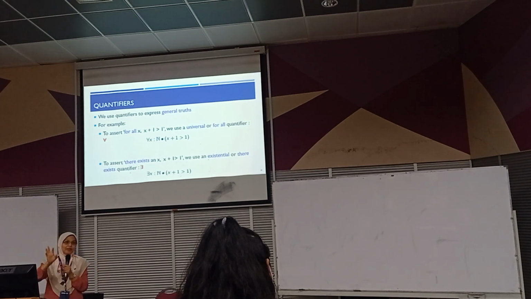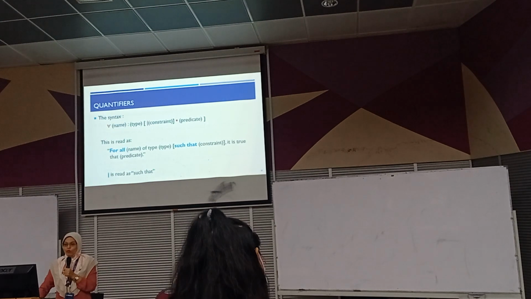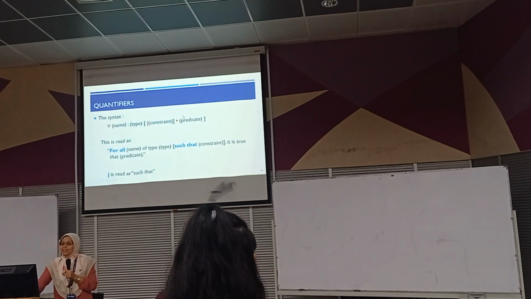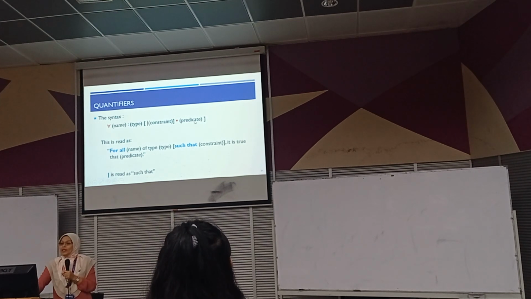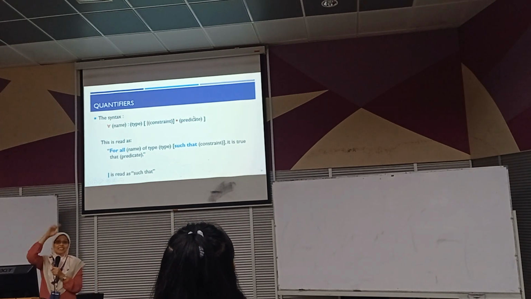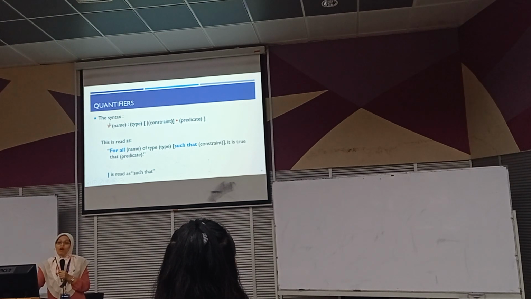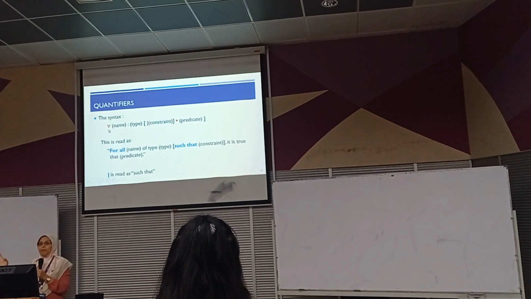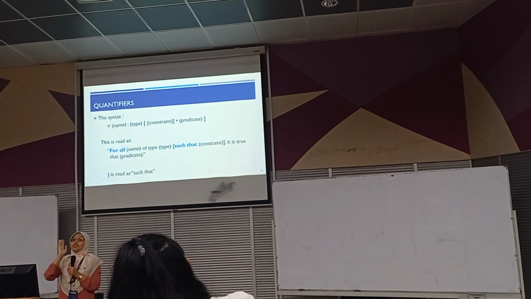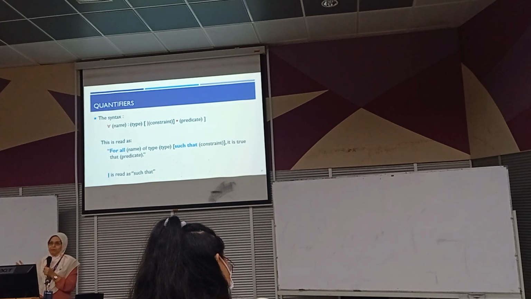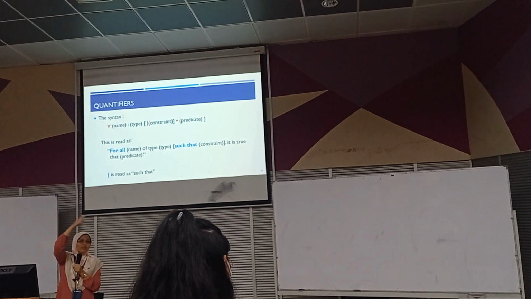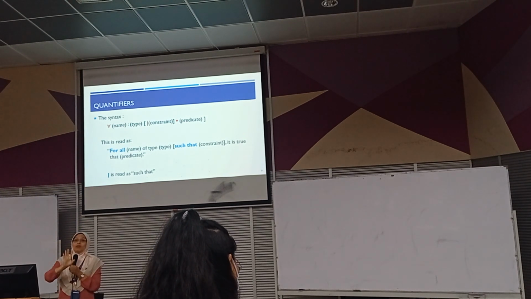So you will see here that you don't need to put the box here. This one is the format, so this one is set comprehension only. For the set comprehension just now, you just put the for all symbol in front, or the there exists symbol, that's all. Because for there exists or for all, normally we do the combination together with set comprehension. So you just take the format of set comprehension and put the for all or there exists in front, that's all.